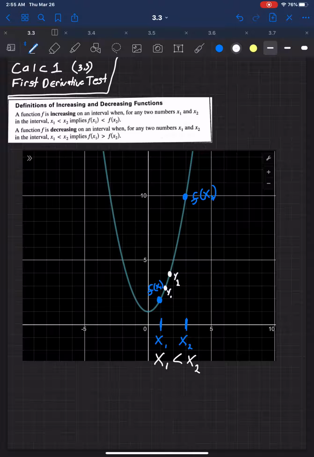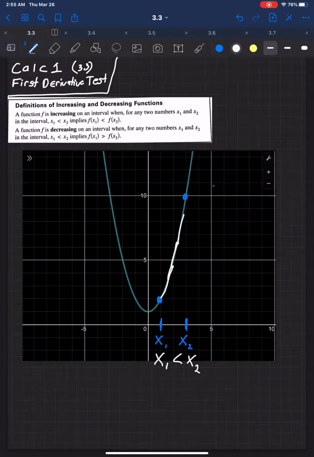And that as long as my x sub 1 is less than my x sub 2, then in that case, we get to formally state that under those conditions, your function is increasing. We are increasing over that interval.